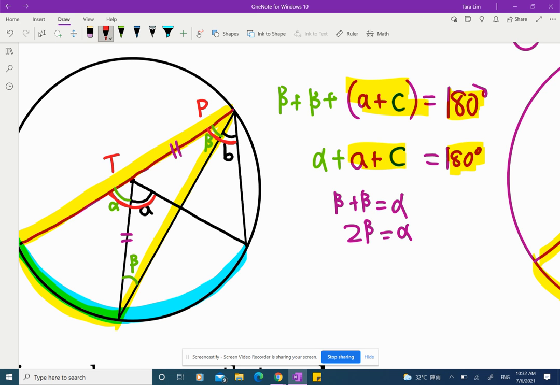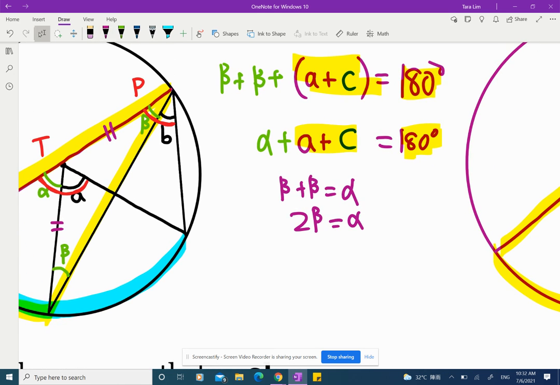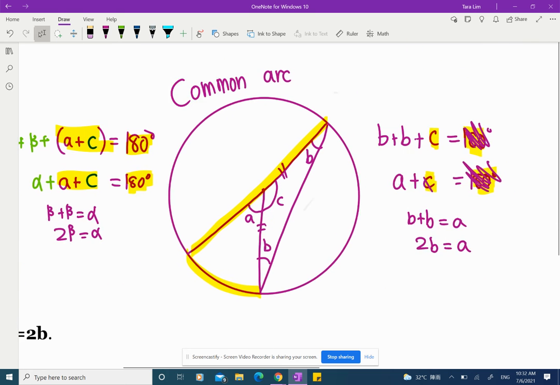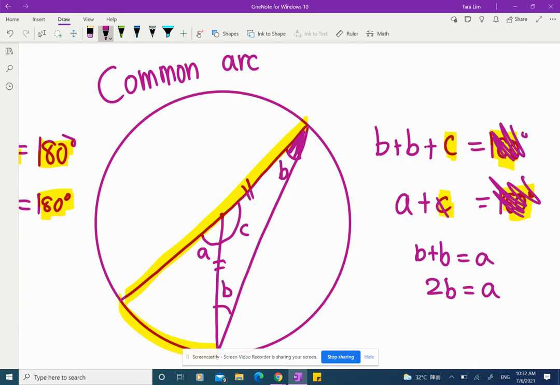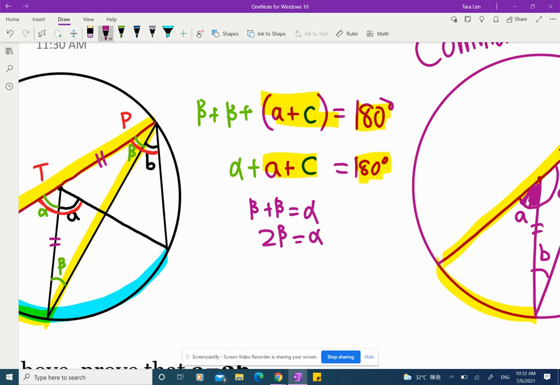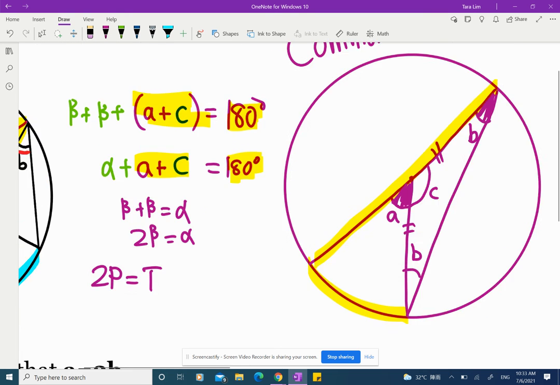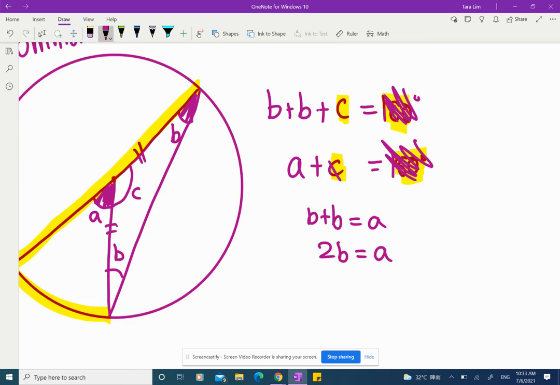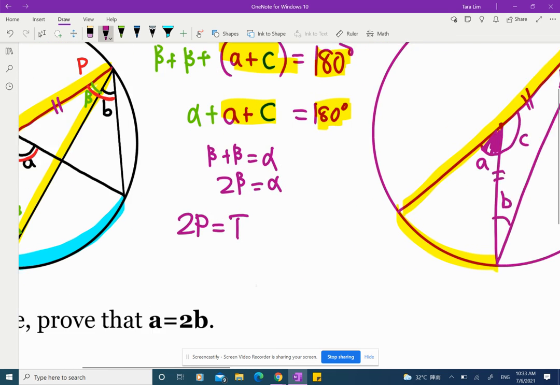So first of all, let's write an equation. We know that in the common arc, the angle here is half of the angle here. So that means half of this angle here, which is P, half of P, which is 2P, is equal to T, because 2P is equal to T, and this one is 2B is equal to A. So they were very similar things.